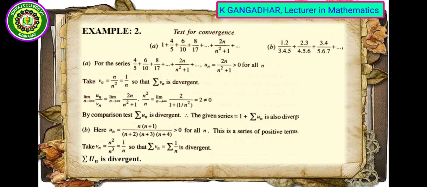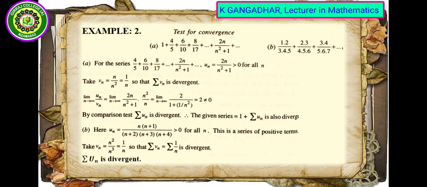Total nth term is n into n plus 1 by n plus 2 into n plus 3 into n plus 4. It is the nth term of the series. Now we find the limit of Un. n into n plus 1 means n square, and in the denominator, n plus 2 into n plus 3 into n plus 4 means n cube.